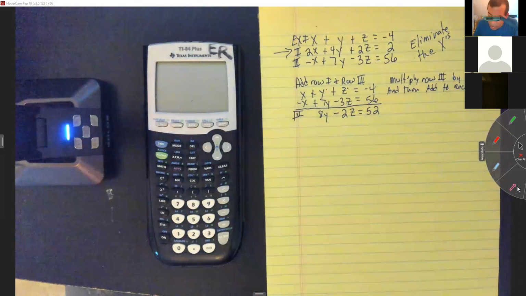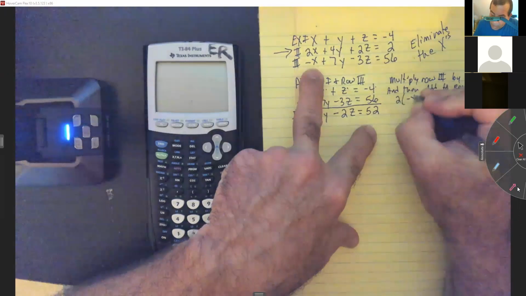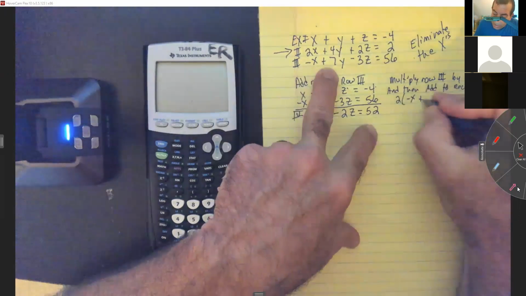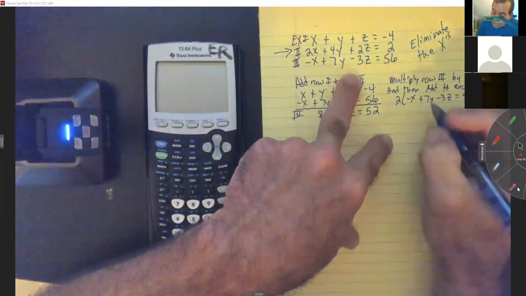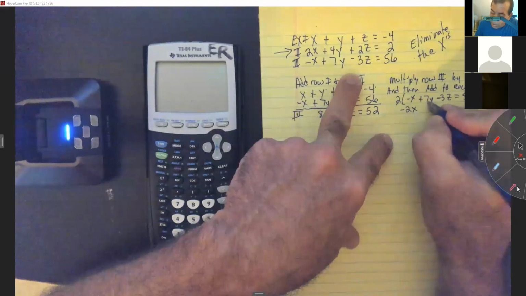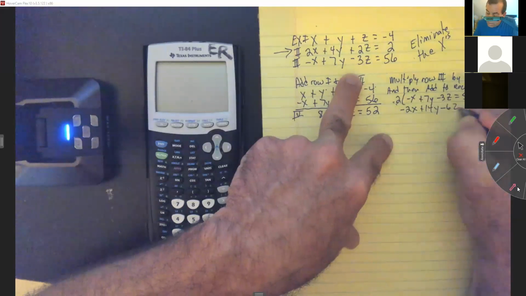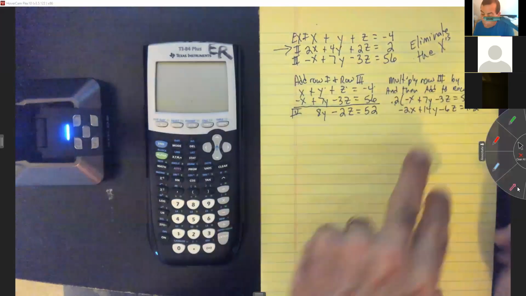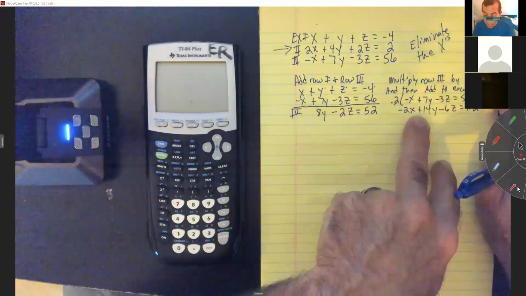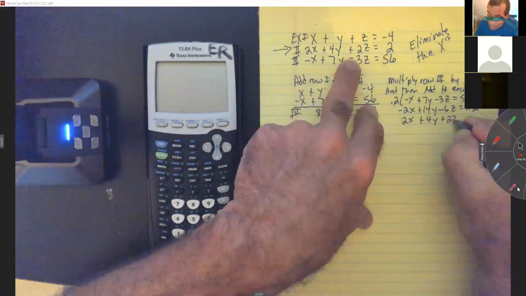Row 3 was a -x, so we're going to multiply by 2. So 2 times -x plus 7y minus 3z equals 56 gives me -2x, 2 times 7 is 14y, 2 times -3 is -6z, 2 times 56 is 112. That new row, we're going to add to row 2, which is 2x plus 4y plus 2z equals 2.